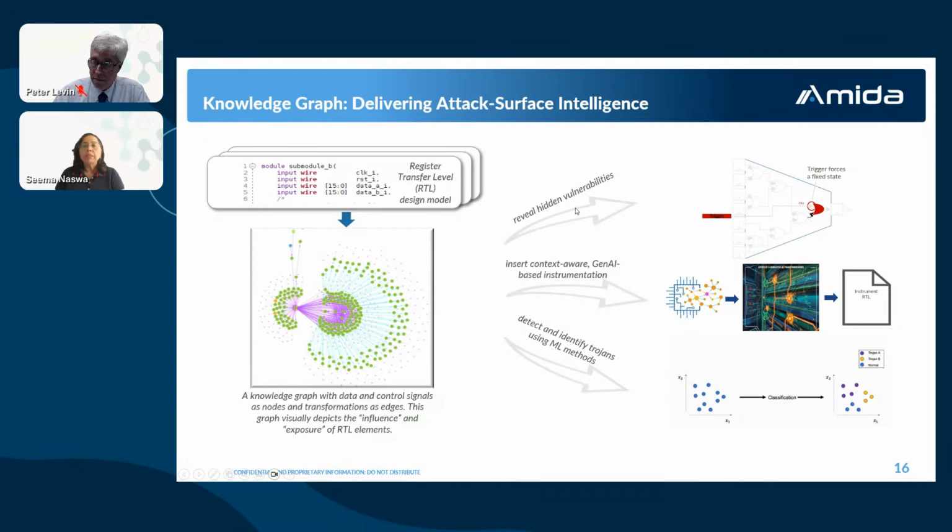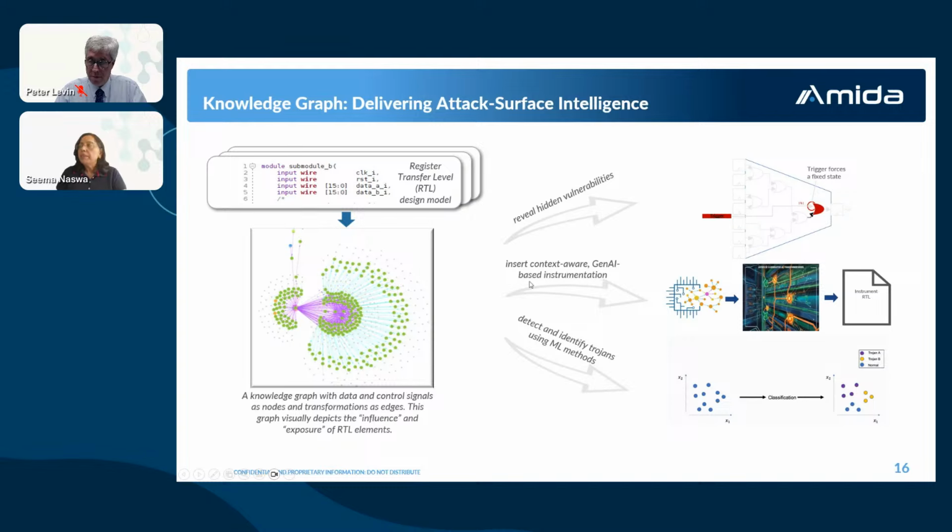I've already talked about revealing hidden vulnerabilities, how the graph exposes subtle dependencies and critical paths. Vulnerabilities become visible because the graph encodes true connectivity and influence of signals across the design. Using the metrics that I talked about, we can quantitatively rank order the vulnerabilities. So that's one application of the knowledge graph.